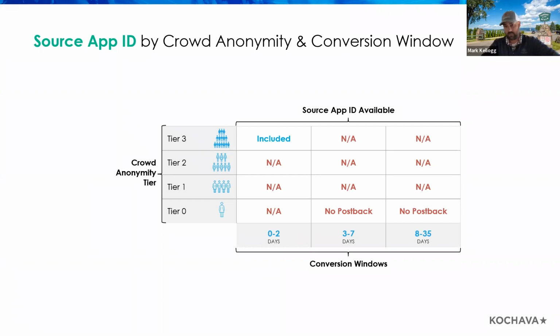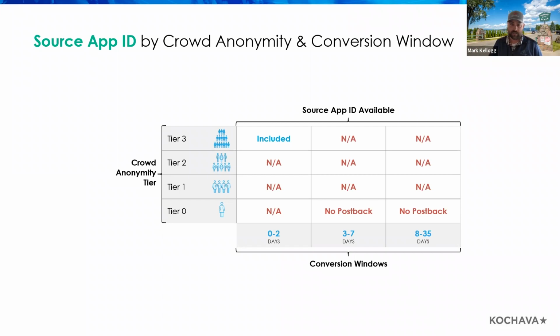In the new SKAd4 framework, the only time it will be available is in the first postback, meaning that first 2-day window that Hamilton went through. It's the only time that it will be available, and it will only be available at the highest volume through crowd anonymity. Otherwise, it won't be available. That is a change from the current operation.